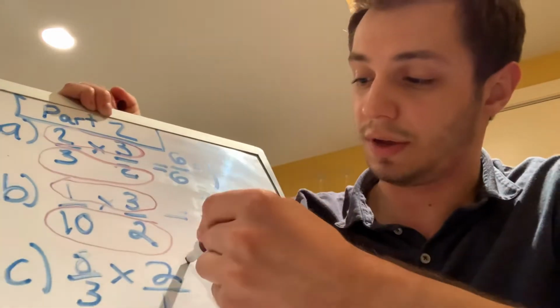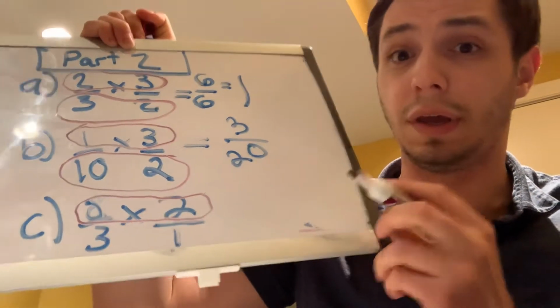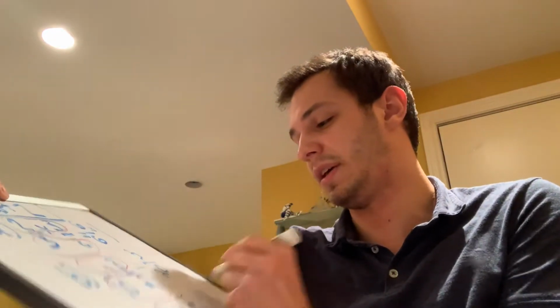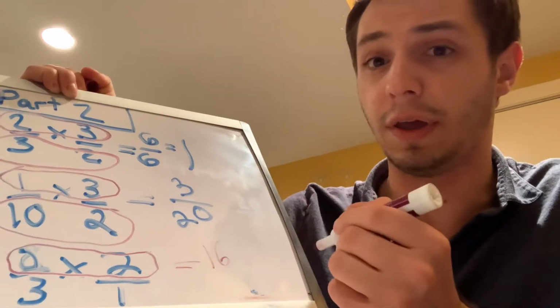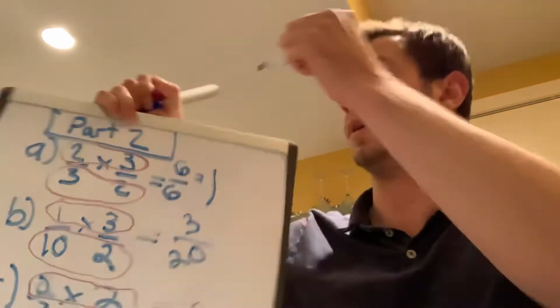I'm going to multiply the 2 top numbers together, so the 8 and the 2, which will give me, you're right, 16. And then 3 multiplied by 1 will give me, correct, 3. So my fraction will be 16/3.